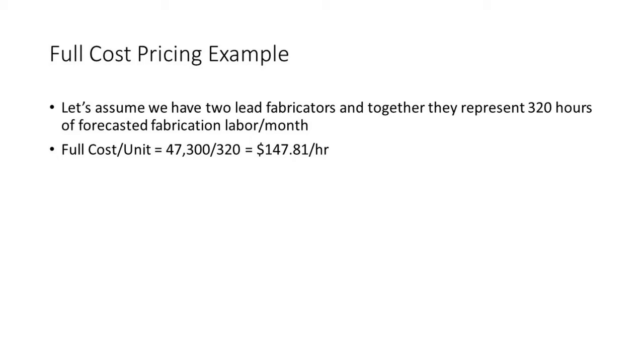So the full cost per unit of fabrication is $47,300 divided by the 320 hours, which gives us $147.81 an hour. That's the full cost per hour for our fabricators to do work for customers.